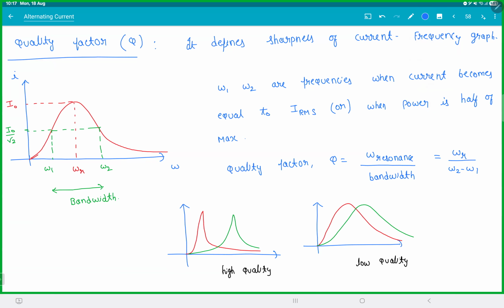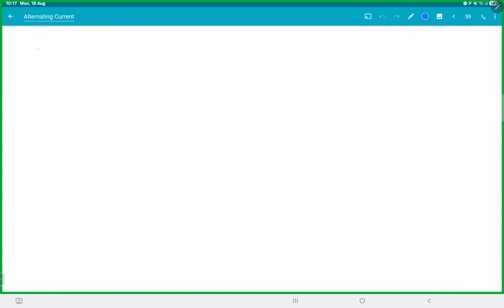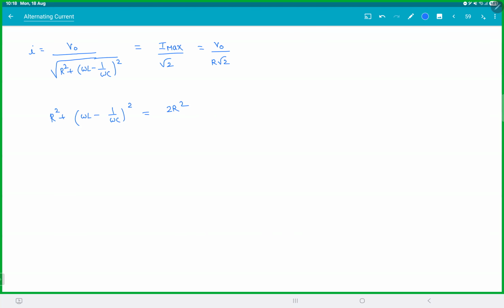And how do you calculate the bandwidth? We know I is equal to V naught by root over R square plus omega L minus 1 by omega C whole square. Now you're saying this will be I max by root 2, which will be V naught by R root 2, because maximum current is V naught by R. When you solve this, you will get a quadratic: R square plus omega L minus 1 by omega C whole square is equal to 2R square.